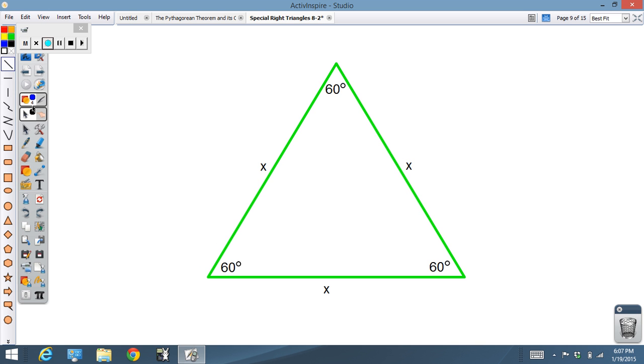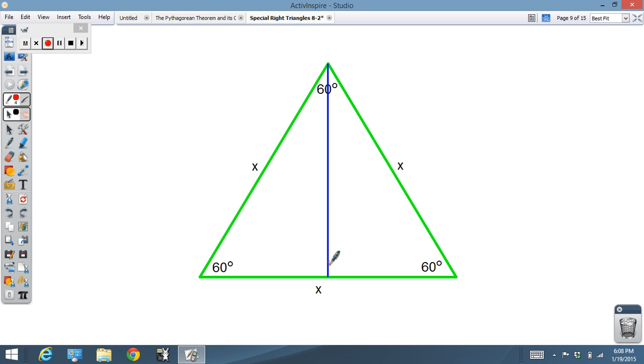But if we take an equilateral triangle and create a line that cuts from that vertex down to this side, okay, if you remember some of the properties we studied before, well, we know for a fact that for an equilateral triangle, that altitude is the perpendicular bisector of the opposite side. So this is 1/2 x, and this is 1/2 x, all right, to make our total of x, right?